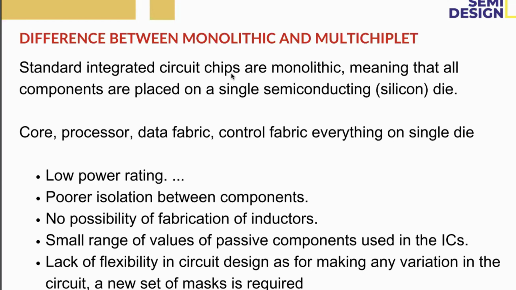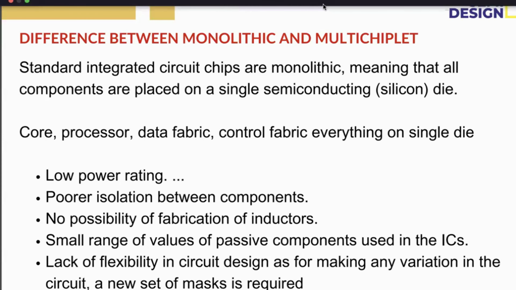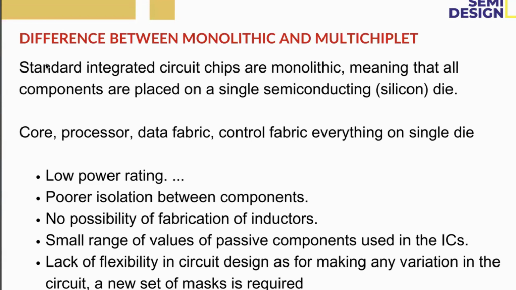Okay, so monolithic is an integrated circuit, and all the components are placed on a single die. Okay, if you see actual processors, there will be a package, and internally there will be one die, connected to the package with IC pins.